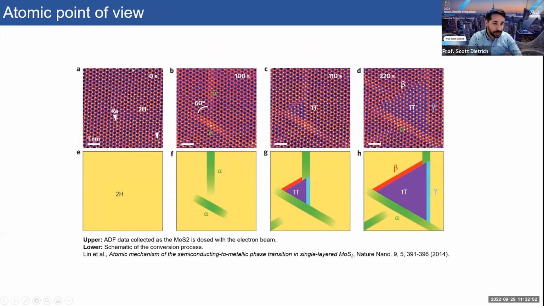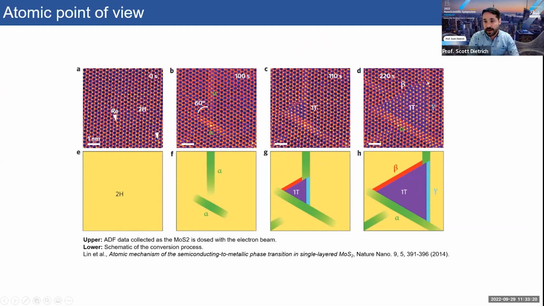And so we can see in the TEM data the same coding of orange and purple regions, where in the A here, the undosed MoS2 monolayer, we don't really see much purple. But as we dose electrons in that layer of MoS2, the sulfur atoms slide out of the way, and the TEM gets sensitive to this underlayer of sulfur atoms.